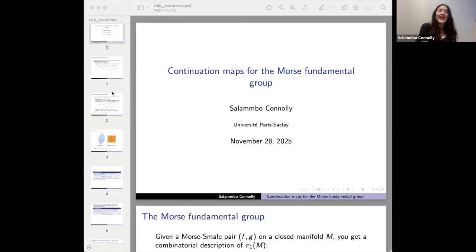Yes. It's isomorphic to the usual fundamental group of the manifold, but the difference is the relations are a bit complicated, and so maybe continuation maps could improve that.